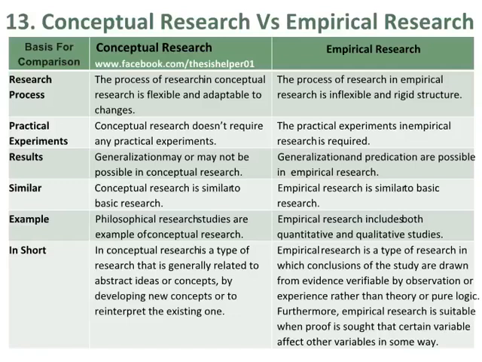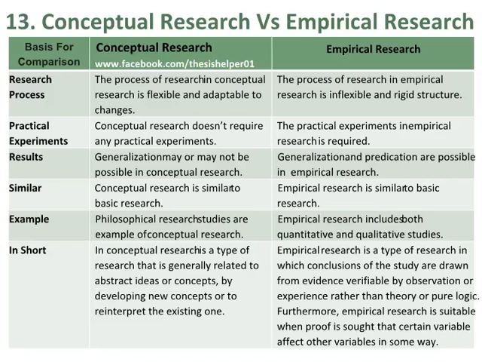The process of research in conceptual research is flexible and adaptable to changes, whereas the process of research in empirical research is an inflexible and rigid structure. Conceptual research doesn't require any practical experiments, whereas practical experiments in empirical research are required.